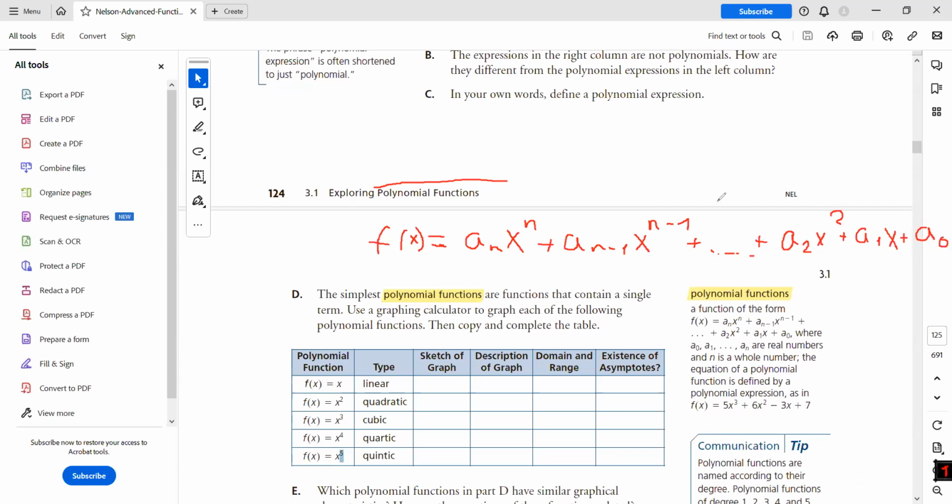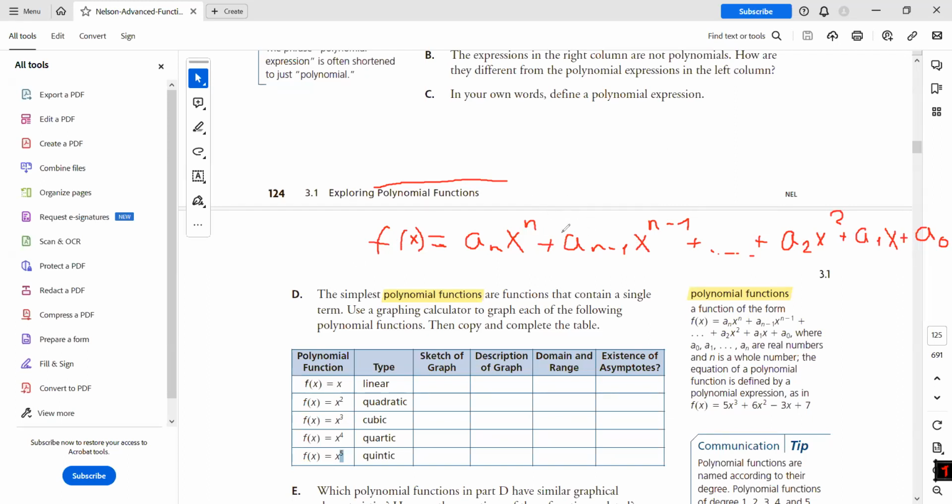So what's important here? You can see that in this polynomial function form, the greatest exponent comes first. You see it? n is the greatest number because then it comes n minus 1, one less, then n minus 2, and so on. n basically stands for the degree of your polynomial function.